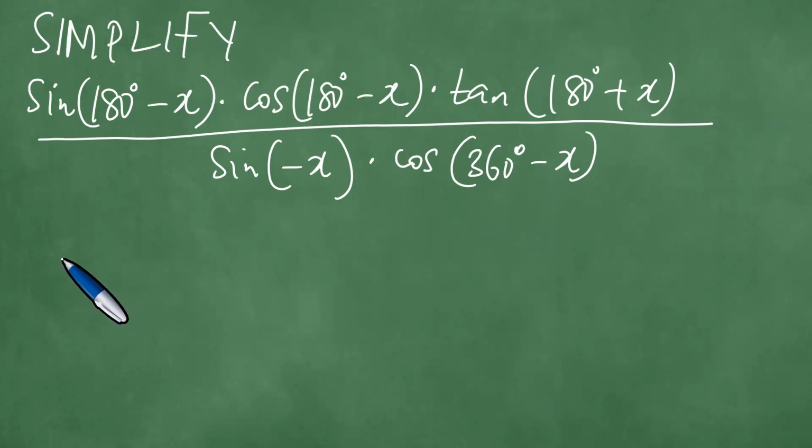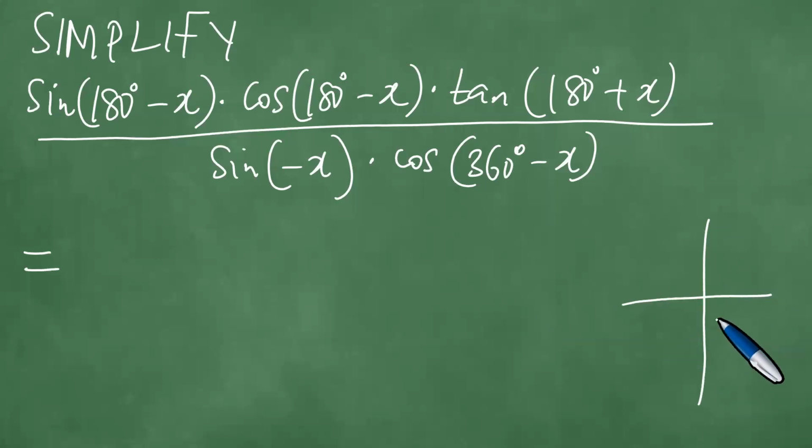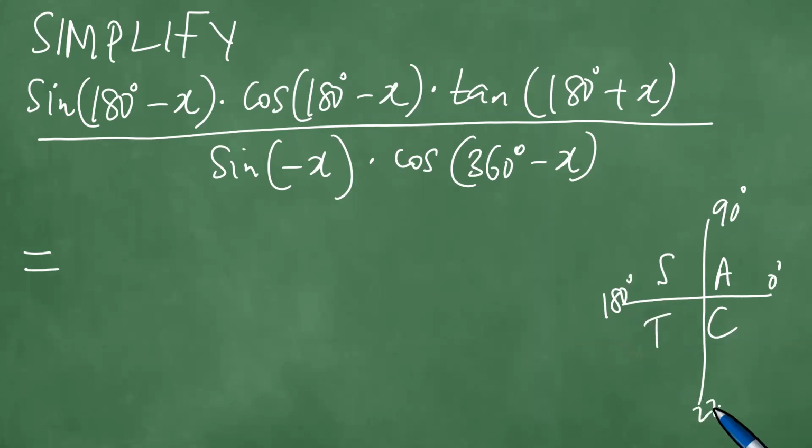Okay, I need to recall the diagrams that we drew. So you have this one called the cast diagram. If this one is 0 degrees, 90 degrees, 180 degrees, 270 degrees, 360 degrees.